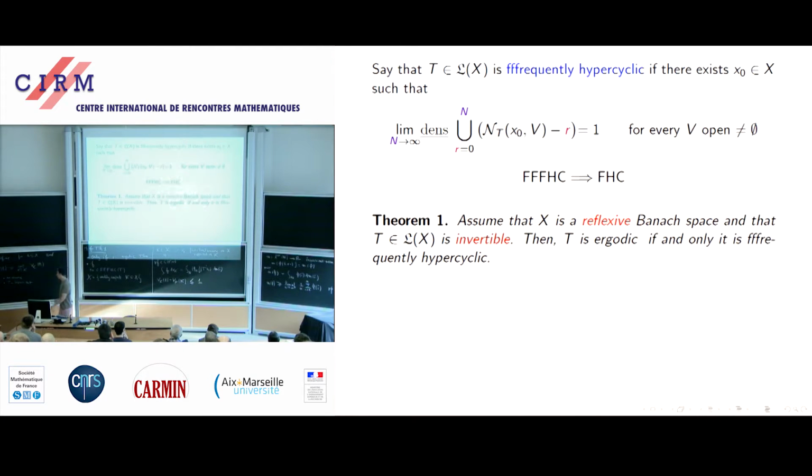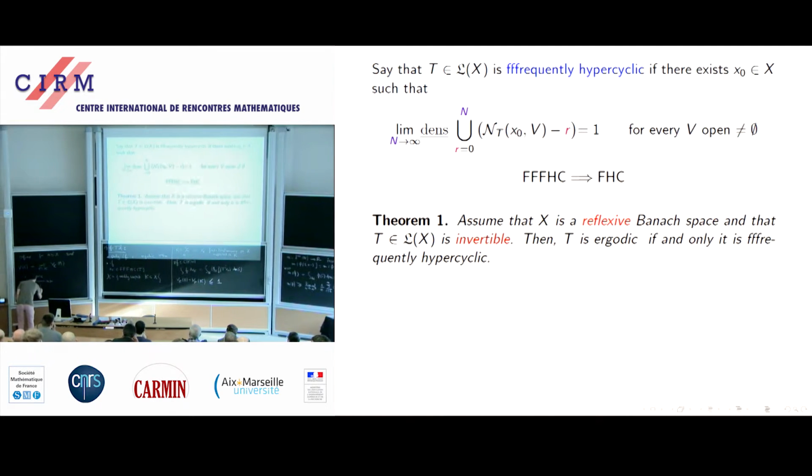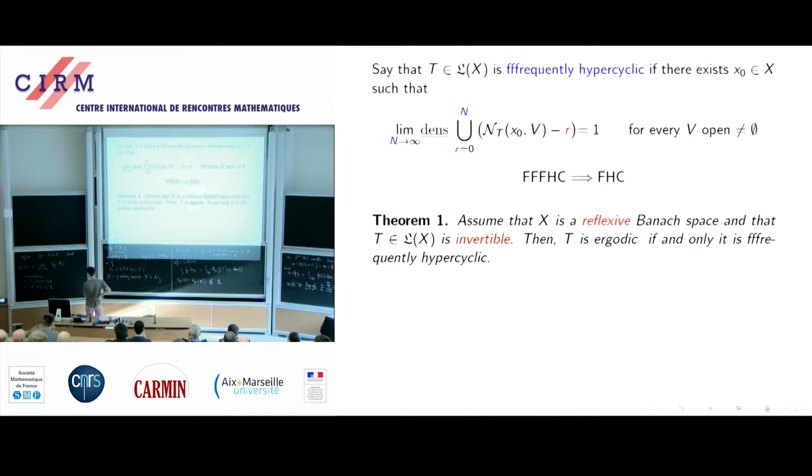And of course, it is a finite measure. And okay, so now if we don't assume that T is invertible, then it would be quite easy to get that this measure has full support.